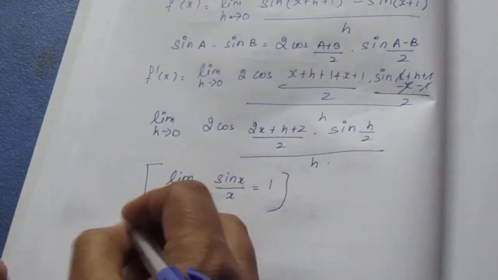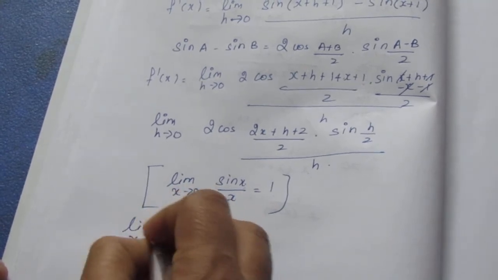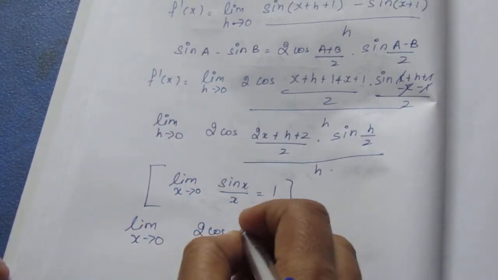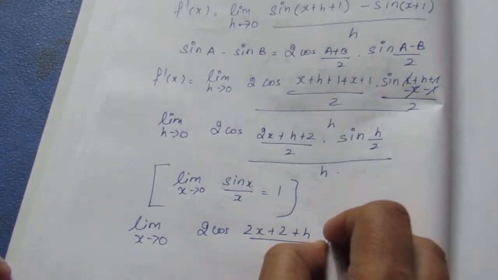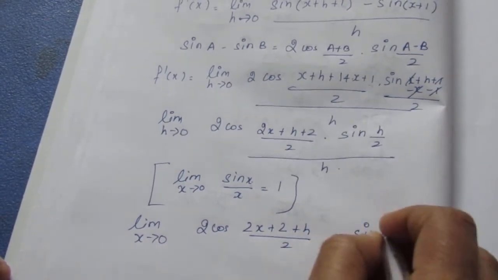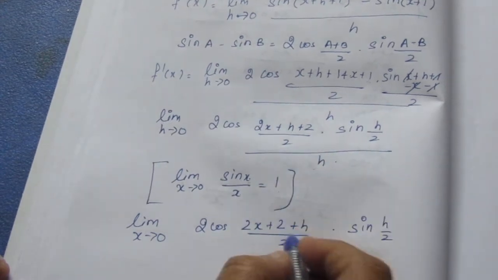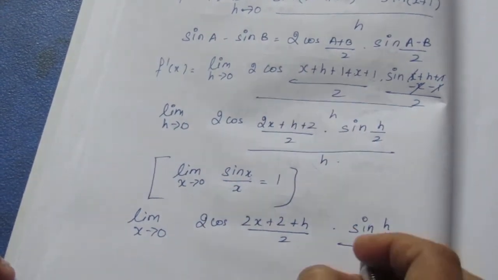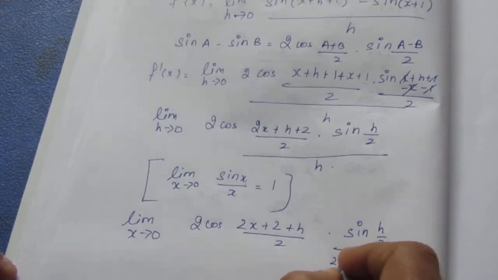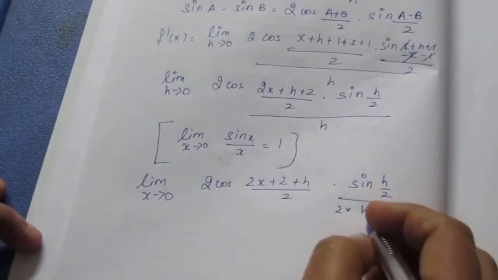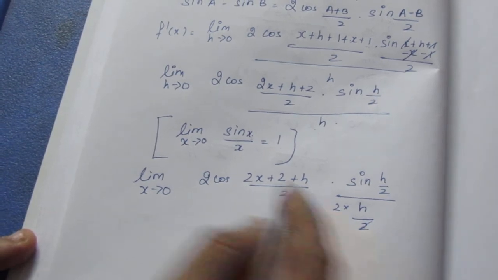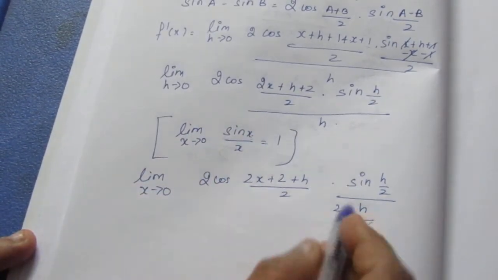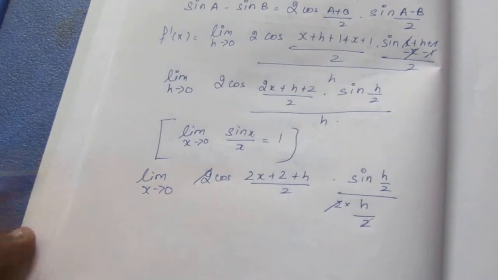For that reason, multiply by 2 and divide by 2. So 2 cos of 2x plus 2 plus h by 2 into sin h by 2, and the denominator we can write anywhere because it is multiplied. I am multiplying by 2 and dividing by 2, so there is no change in the question. Now this 2 and this 2 get cancelled.